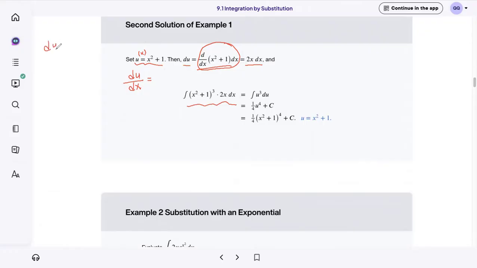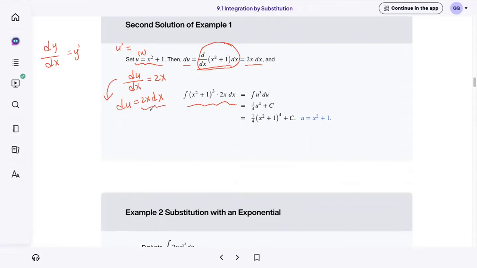Remember before we said dy dx, well, it's the same as y prime. In this case, we can also write u prime, or write du dx. Well, du dx is 2x. Then we multiply dx on both sides. So du equals 2x dx. So we do need to go from this step to this step because we're doing substitution.